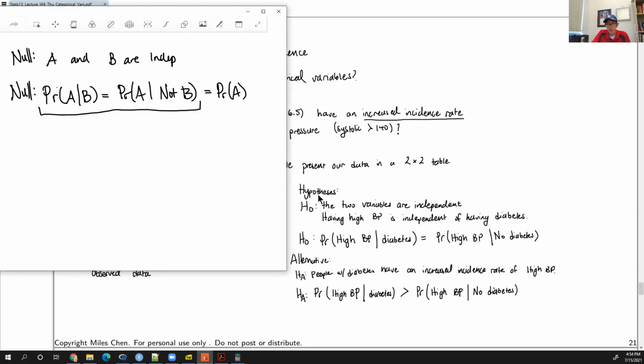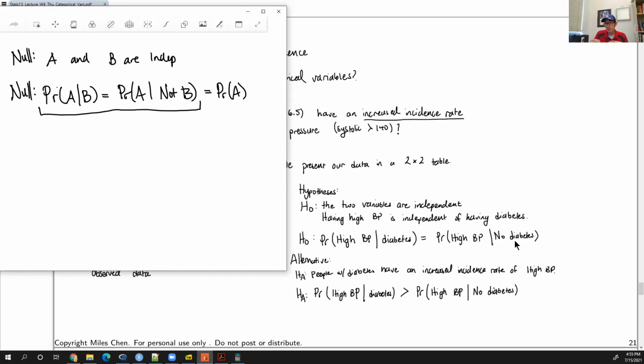And so that's what I have here. The null hypothesis is that the two variables are independent, that having high blood pressure is independent of having diabetes. And so we're going to say the probability of having high blood pressure, given that somebody has diabetes, is equal to the probability of having high blood pressure, given that someone does not have diabetes.